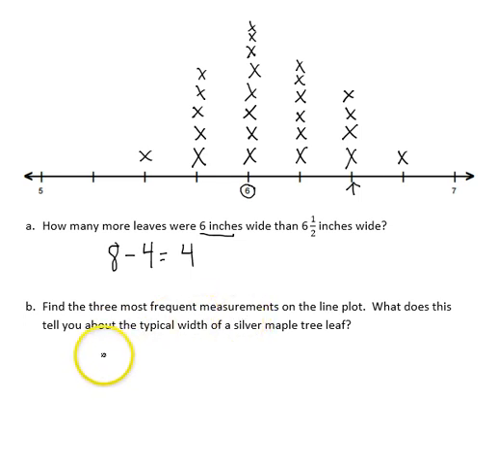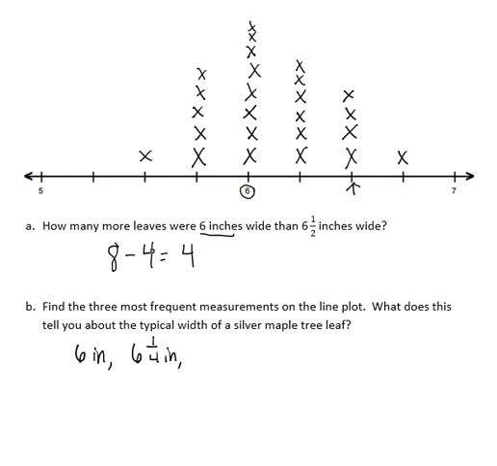And the last question says, find the 3 most frequent measurements on the line plot. What does this tell you about the typical width of a silver maple tree leaf? So if I look at the size of my plots, well, we know that 6 inches is the most prevalent measurement, and then going to 6 1/4 inches, there are 6 leaves at that measurement, so that would be another most frequent measurement.